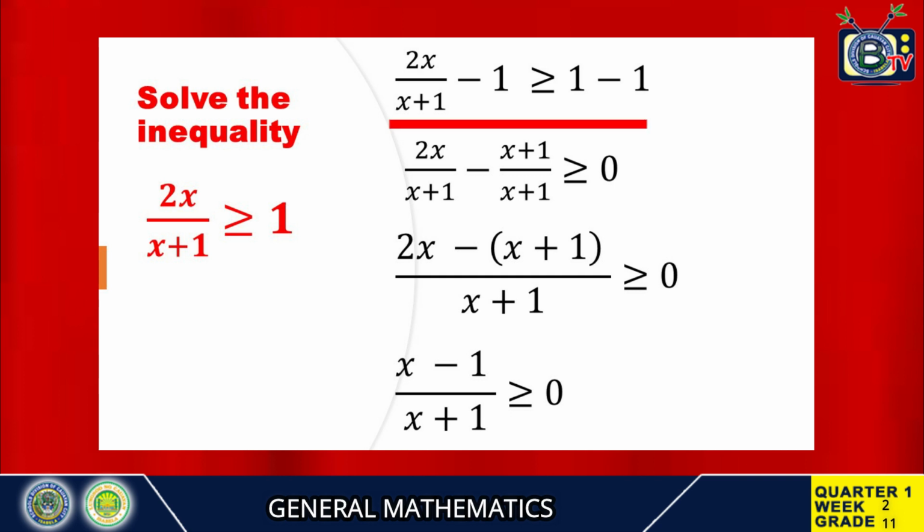So we have 2x over x plus 1 minus 1 is greater than or equal to 1 minus 1, or 2x over x plus 1 minus x plus 1 over x plus 1 is greater than or equal to 0. 2x minus (x plus 1) over x plus 1 is greater than or equal to 0. So x minus 1 over x plus 1 is greater than or equal to 0.